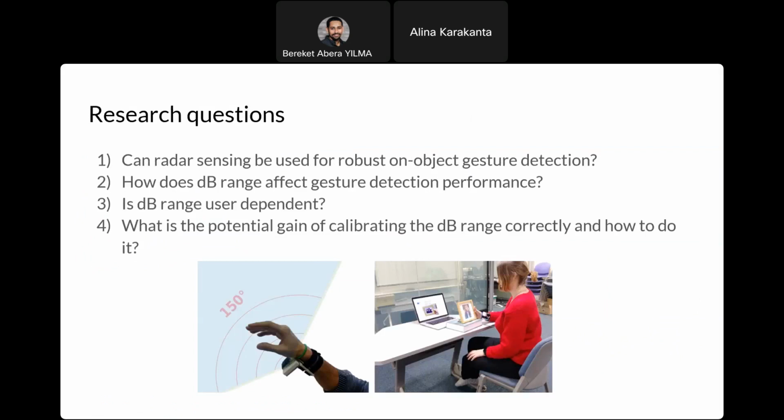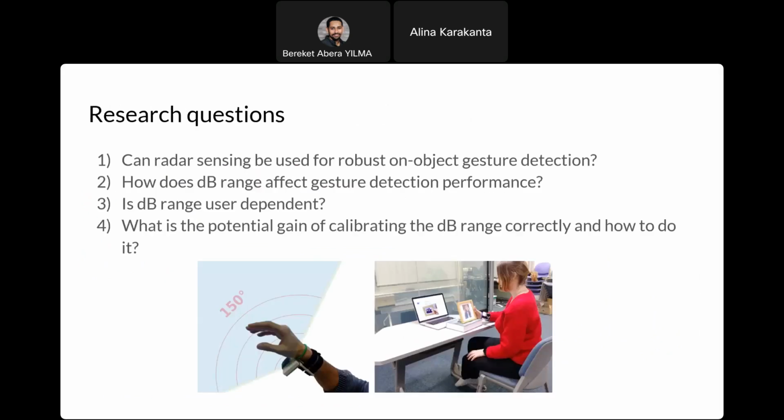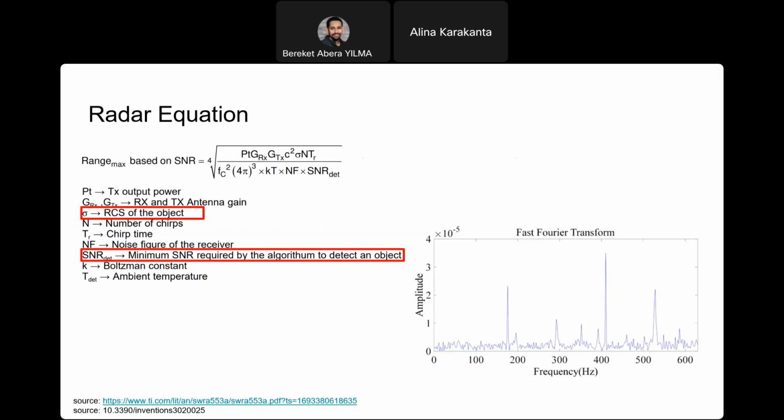So we define our research questions. The first research question is, can we use radar sensing to identify gestures on objects, and how would the dB range, this threshold, affect the gesture recognition performance? This threshold level may be user dependent.